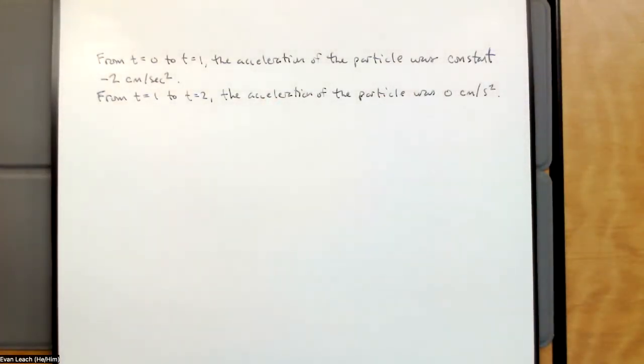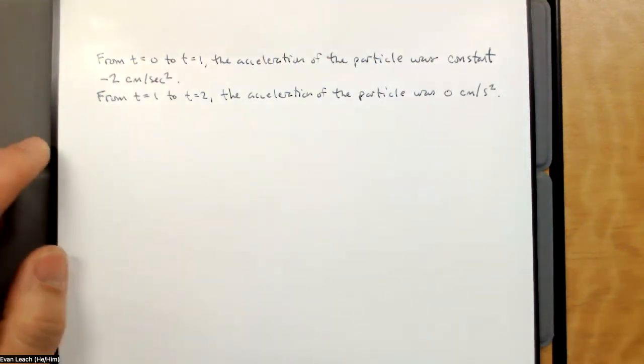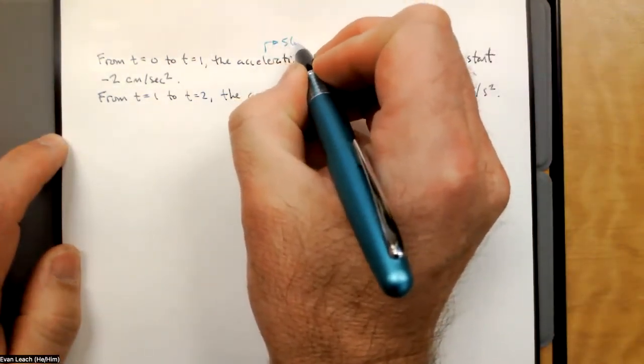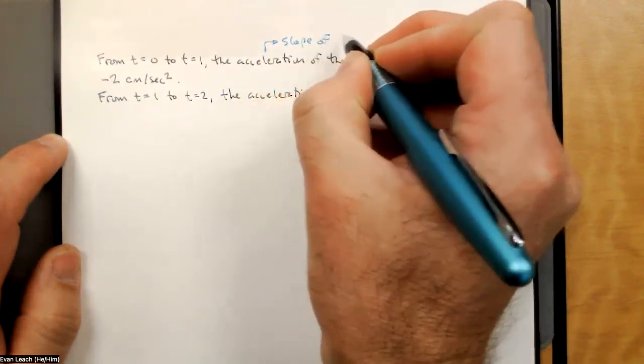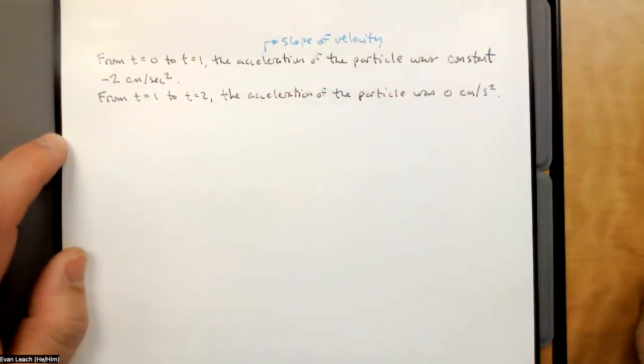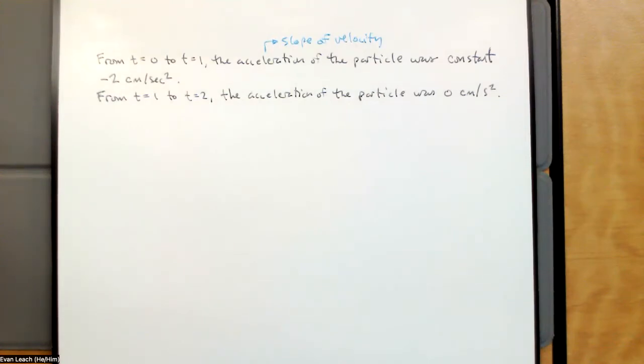So we know the acceleration of the particle because this is the slope of the velocity. The acceleration of the particle will be the slope of the velocity. That's the graph that we're looking at.